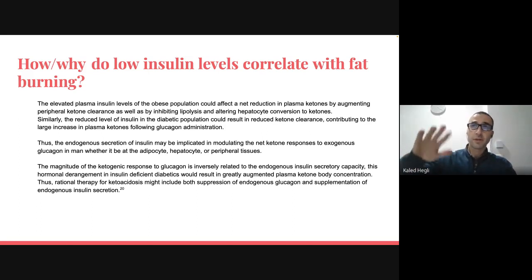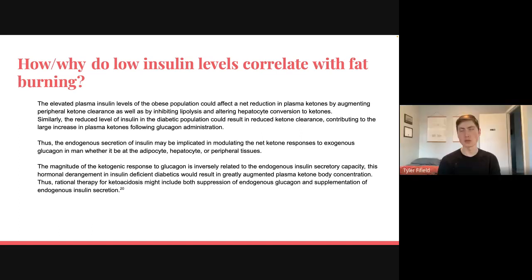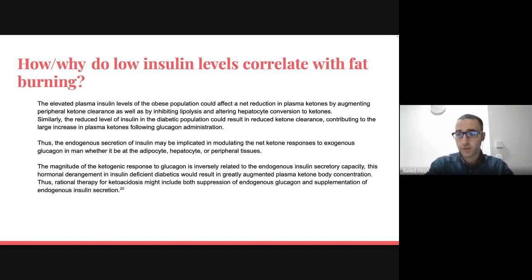Insulin says, yeah, we store fat. Yeah, no, sorry. There is low insulin in diabetes, so fatty acids are broken down and the glucose stays high. So there is ketoacidosis. Yeah, so the inhibitory effect of insulin on glucagon, ketosis.